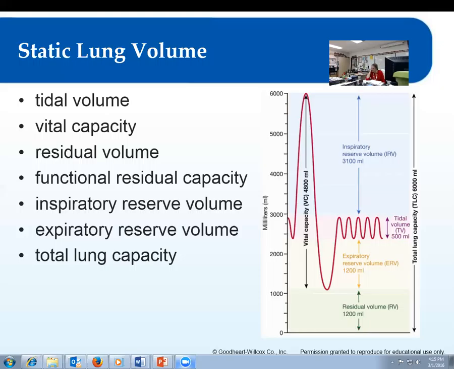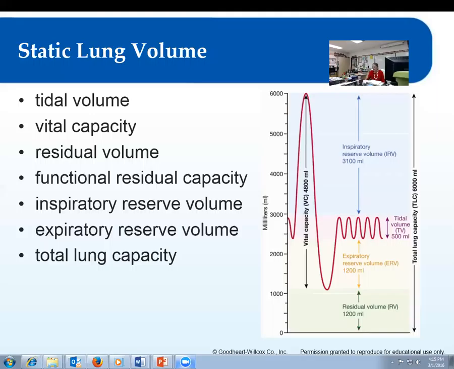What did I say? I'm sorry, that was your functional residual capacity. I said that wrong. The inspiratory reserve volume is the amount that can be inhaled after a normal inspiration.